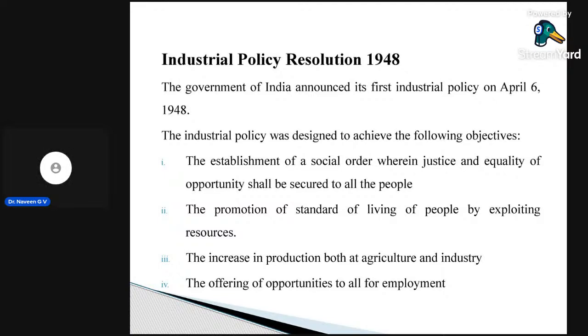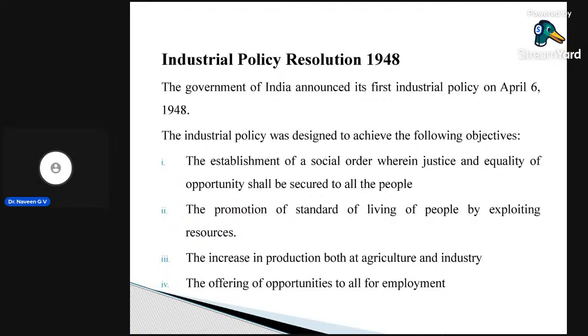It means each and every regulation, or set of rules and regulations, that should be adopted for the purpose of achieving the objectives: the establishment of a social order wherein justice and equality of opportunity shall be secured to all the people. That is one of the objectives of the industrial resolution of 1948.